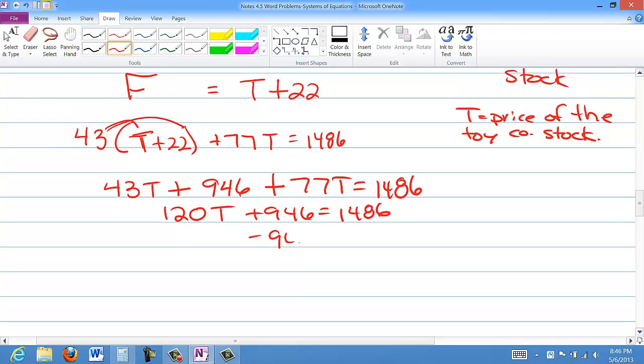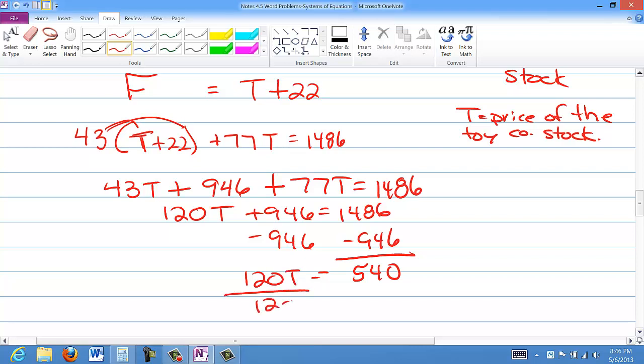So subtract 946 from both sides, and we're going to get 540 is equal to 120T. Divide both sides by 120. And T in this case is going to be 4.5.